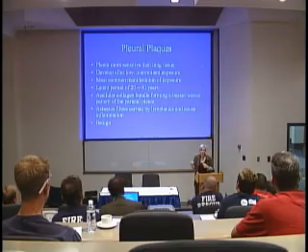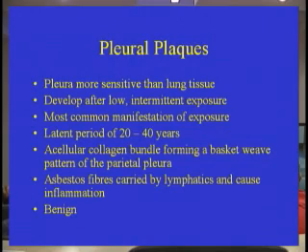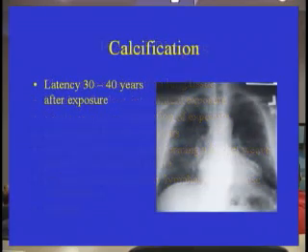The pleural thickening occurs. And again, that tends to take many years to develop, 20 to 40 years. And all we see on the chest x-ray is some thickening at the sides of the lung. Totally benign. Over periods of time, calcium is deposited on them, and it produces little white plaques on the chest x-ray.